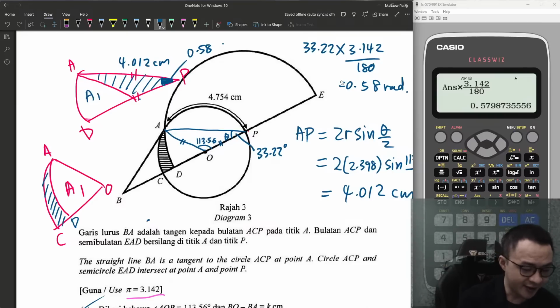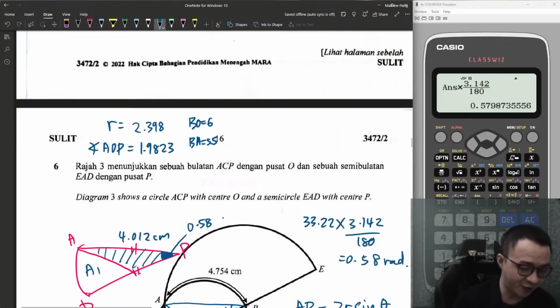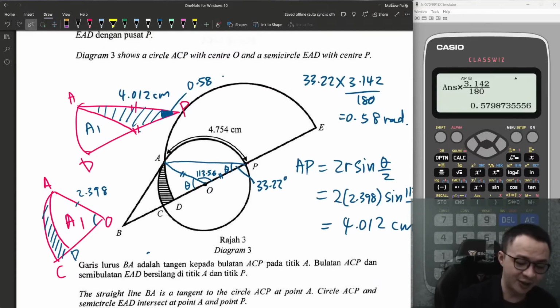Okay, for the second sector, what is the radius here? OA is the radius we found just now, isn't it? Yeah, this is 2.398. And what is the angle here? Just now 66.44, right? Do I change 66.44 to radian? No, now let's change again.